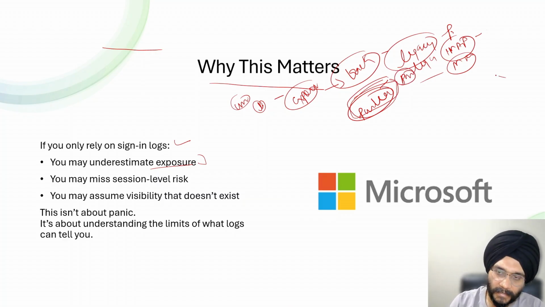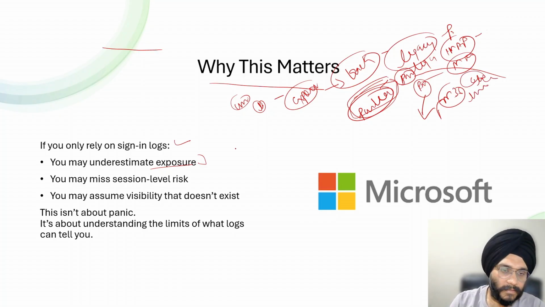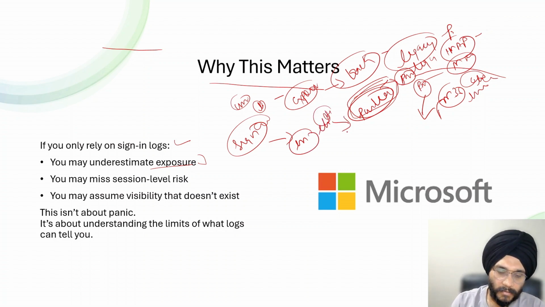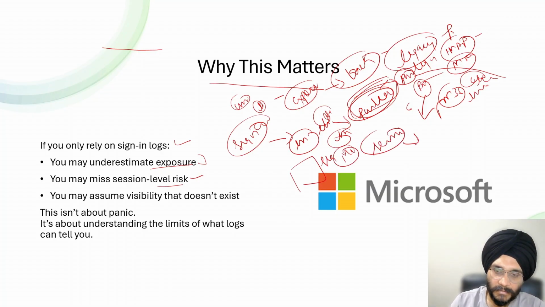Hackers might take leverage of this partial logging and log in to your M365 environment, and sign-in logs will not show it, and when an investigation happens, you will not be able to retrieve or understand what has happened. Session level risk, which I will explain here. Sign-in logs can only tell when the sign-in happens, but what happens to sessions, sign-in logs cannot tell.